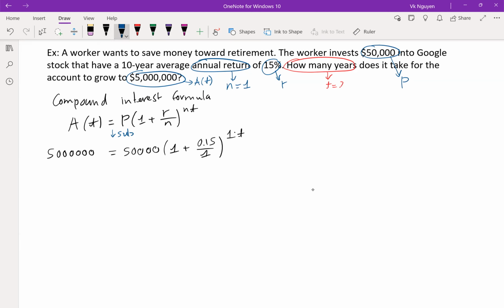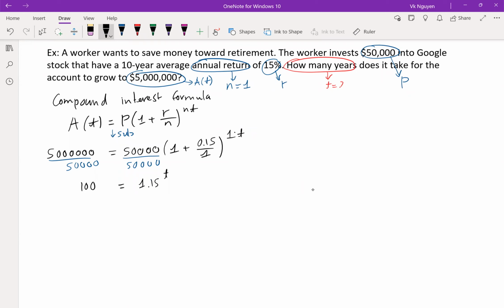Divide both sides by 50,000, and we have 100 equals 1.15 to the power t.